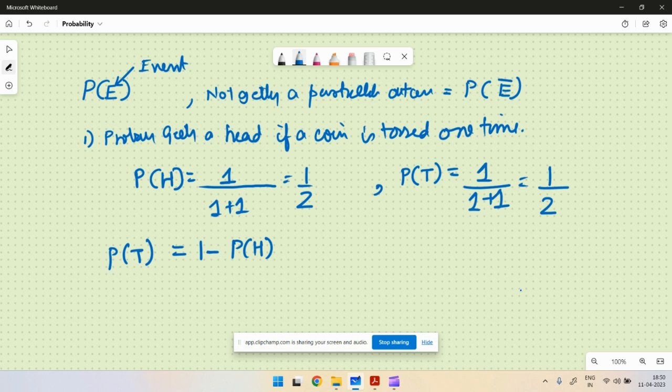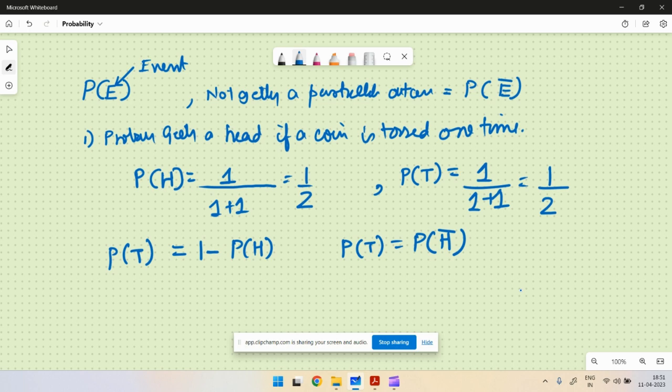Or you can say that P of T is nothing but P of H conjugate, not head. The probability of getting not head if a coin is tossed one time is nothing but the probability of getting tail, which is half.